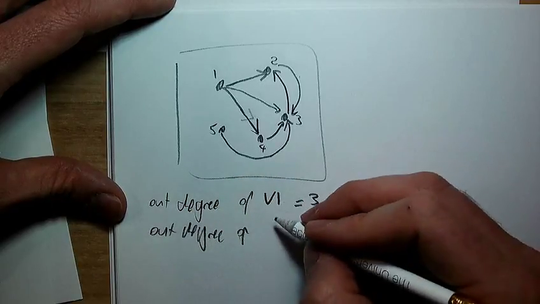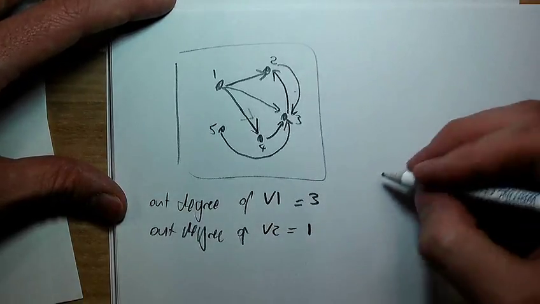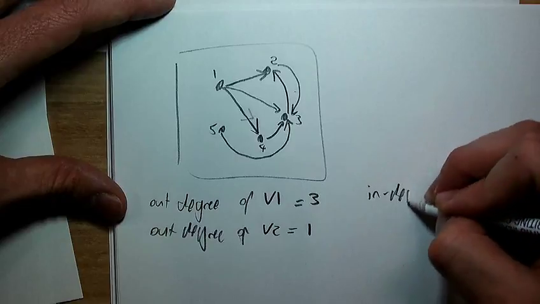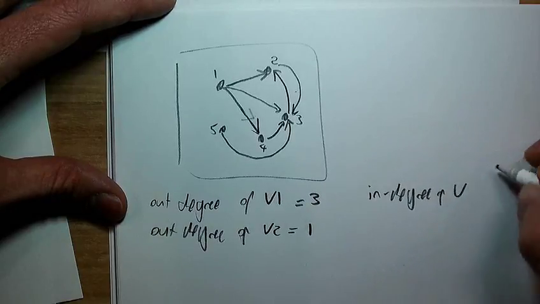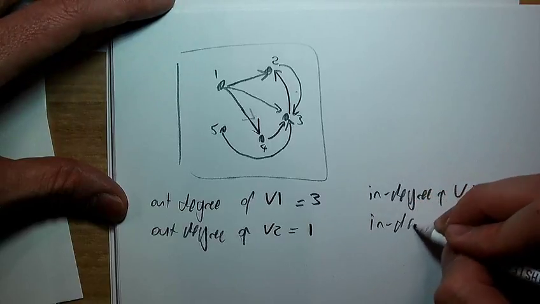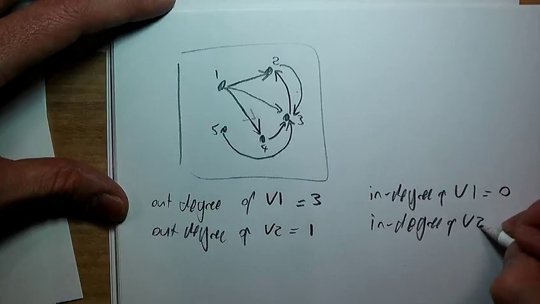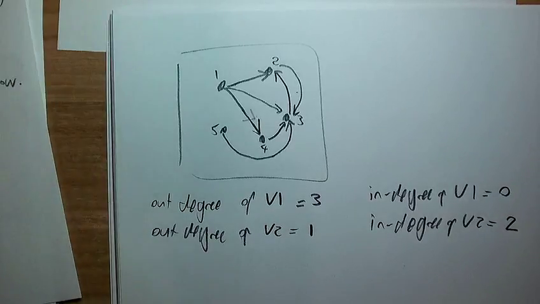The out degree of vertex number 2 is 1, because it's only got 1 coming out. The in degree of vertex number 1 is 0. The in degree of vertex number 2 is 2, and so on. You can just count how many there are pointing in and how many there are pointing out. It's okay to have 0.